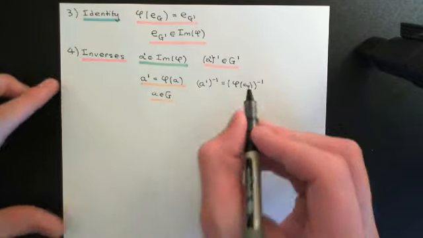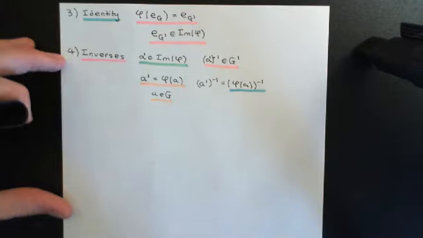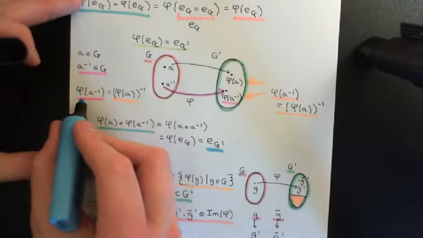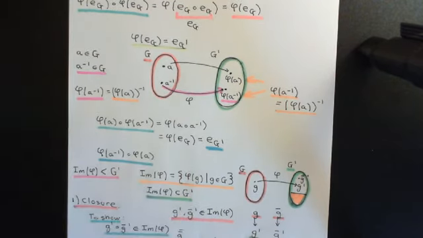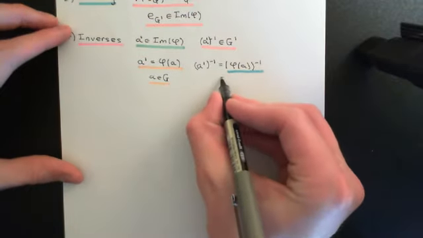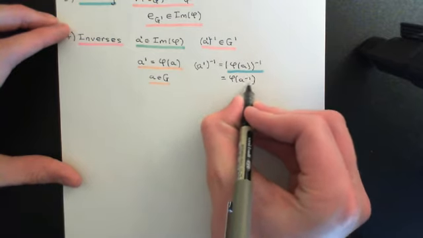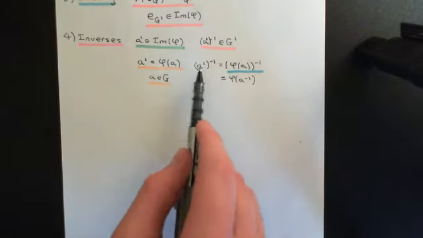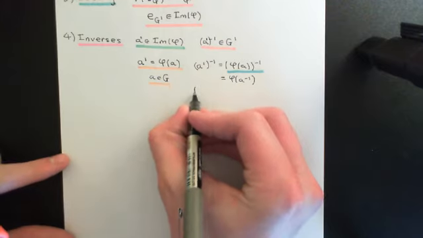But we had a theorem about this: we showed that phi of a inverse is the same thing as phi of little a's inverse. So I can rewrite this as phi of little a's inverse. Therefore I have shown that little a prime's inverse must be an element of the image of the homomorphism.